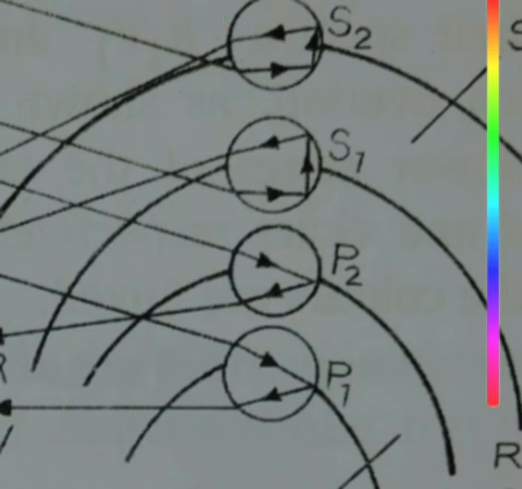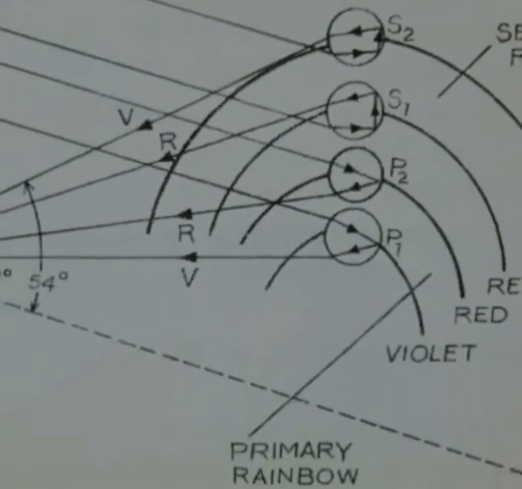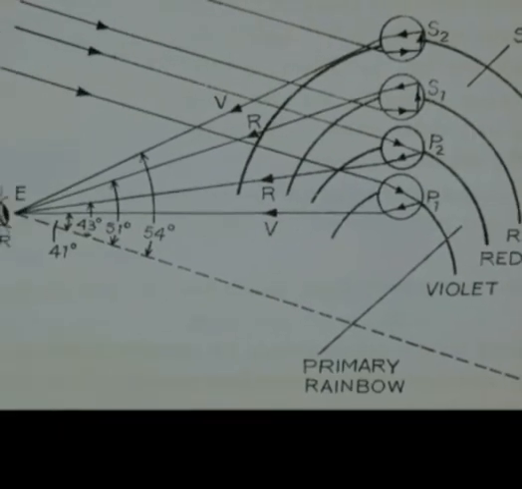So you now have the differences between the primary rainbow and the secondary rainbow. Let's recapitulate in short.